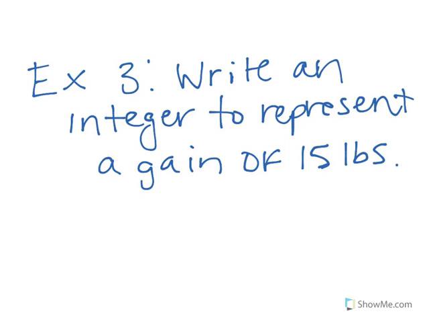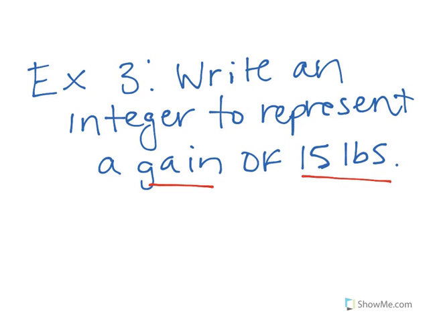On to my next example. I said, write an integer to represent a gain of 15 pounds. I want to underline my important terms of the sentence: gain 15 pounds. Gain means you're adding onto a weight, so that's a positive value.